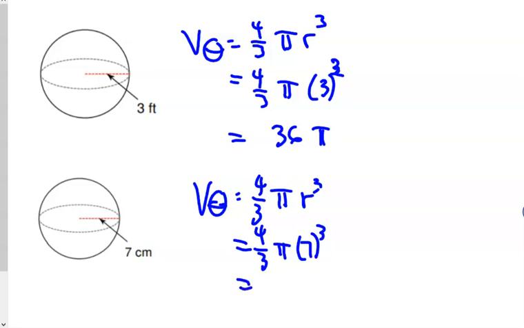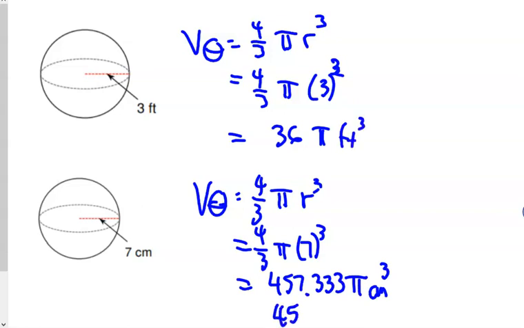This one here, I end up with 457 point 3 repeating. So if I want to approximate, it would look like this: cubic centimeters. If I want to make a more accurate answer, the point 3 repeating is 1/3. So I could also write 457 1/3 pi cubic centimeters.